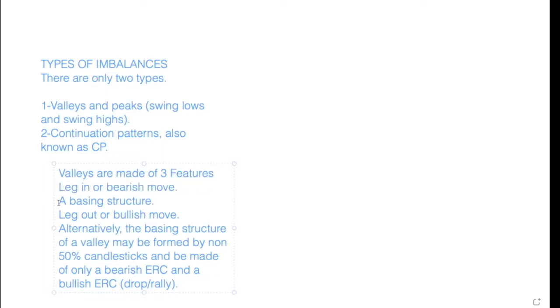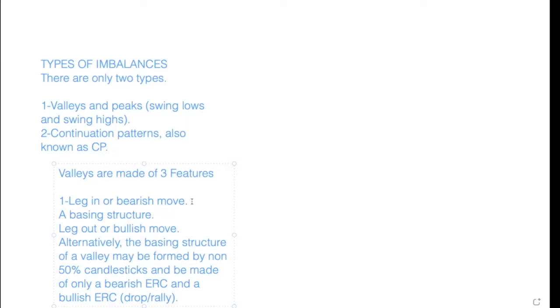Number one, we have a leg in. Number two, in the formation of valleys, we have something called a basin structure. And number three, we have something called a leg out, or a bullish move.